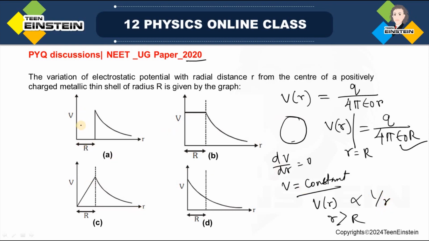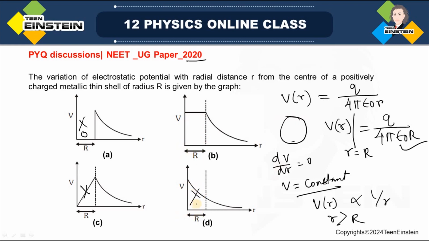So look at these options. Option A is saying that up to the surface there will be 0 potential. This is not true. Look at C, it is saying that the potential is linearly varying. This is also not true. We have seen that it will be constant. Option B is showing the correct trend, at least up to the surface. It is constant from the origin to the surface.